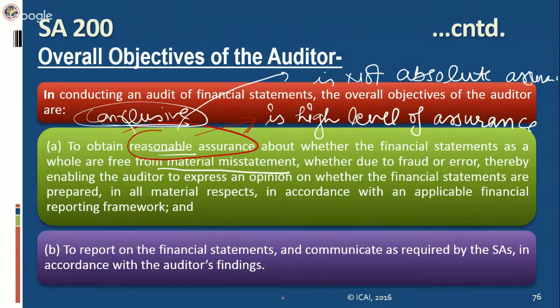The auditor is required to express an opinion on whether the financial statements are prepared in accordance with the applicable financial reporting framework. The second objective is to report on the financial statements and communicate as required by the standards, in accordance with the auditor's findings. So this is a basic objective, students.